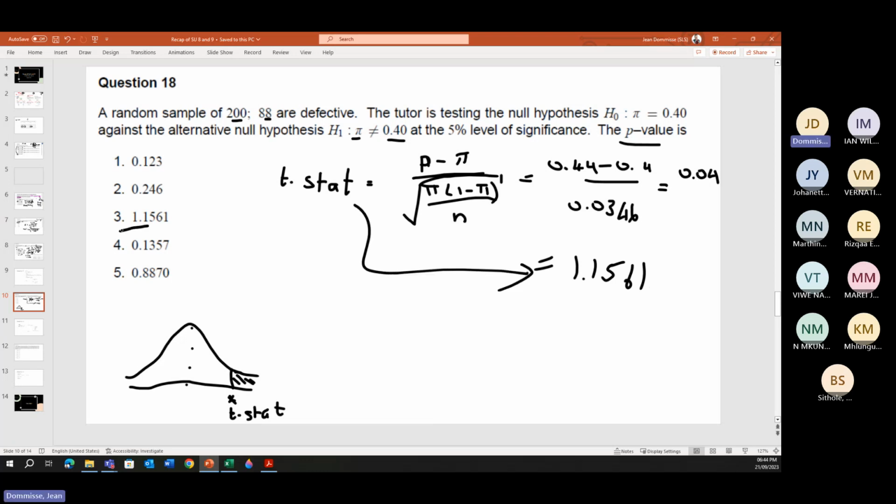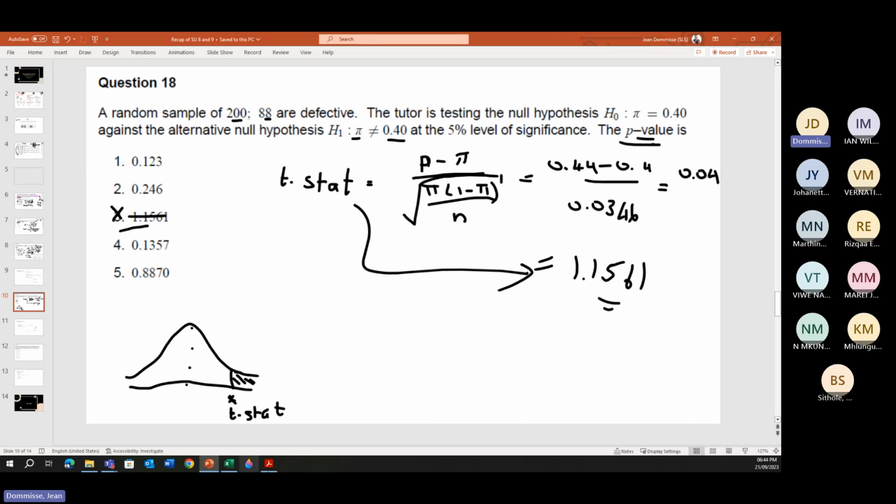It was actually an option there, but we're not working out the t-stat, we need to work out what the p-value is. So in the exam, it is easy to say, I've got the answer because it is there, but we need to get to a p-value. Also remember, you can't get a probability that's bigger than 1.